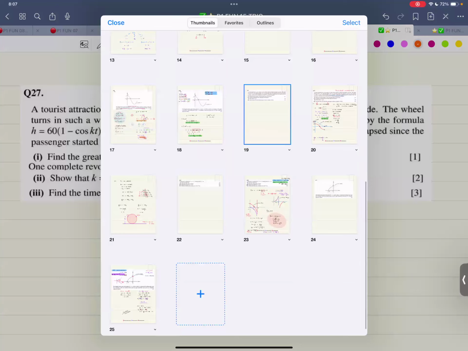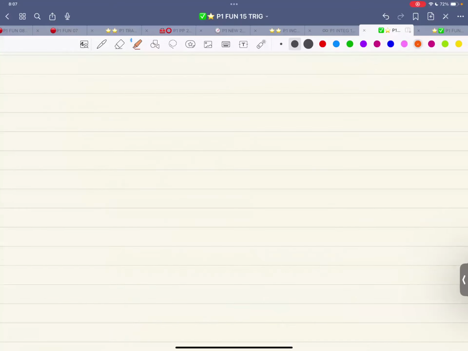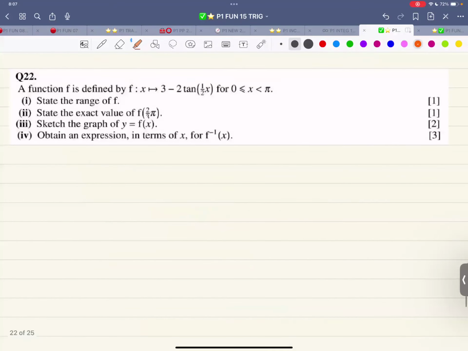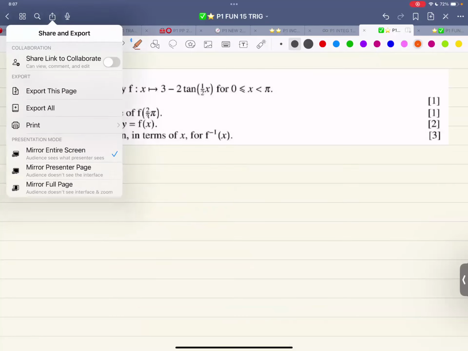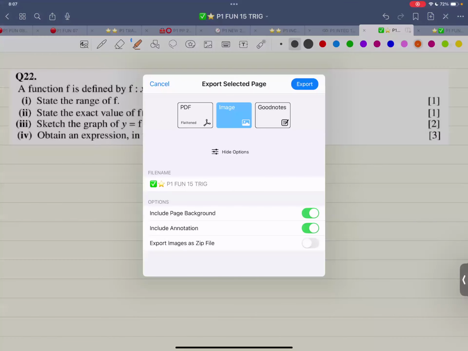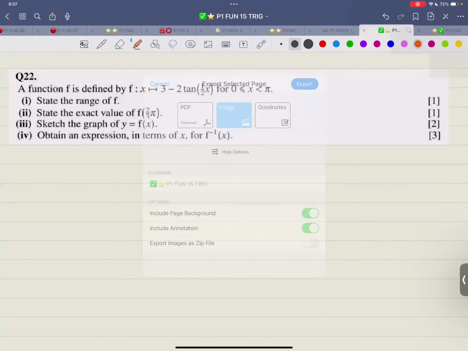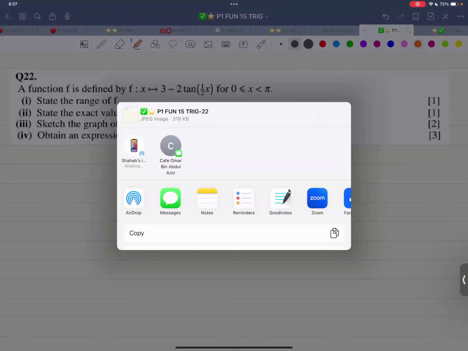And let me go to a question related with tangent. Okay, have a good look at this particular question. And I would like you people to try this out. Let me share this thing. So try out question 22.